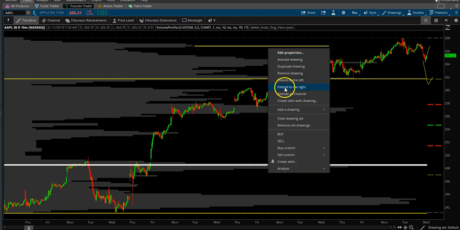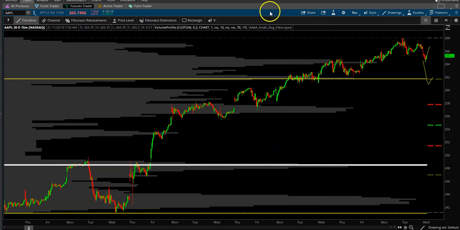But with that being said, this is a 20-day, 15-minute market profile chart. It's really good to look for support and resistance.